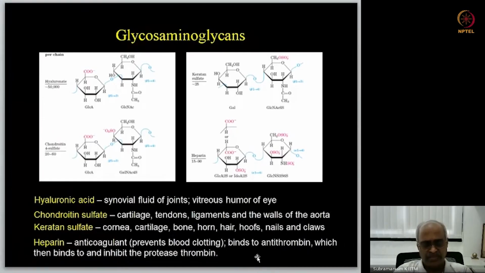Okay, so the people who study tissue engineering, they learn a lot more details about these glycosaminoglycans and other extracellular matrix proteins. The extracellular matrix is the cementing material among the multiple cells. Okay, what is there in the space among the cells? When you have a tissue with multiple cells, what is there between 2 cells? That part is what you call extracellular matrix.